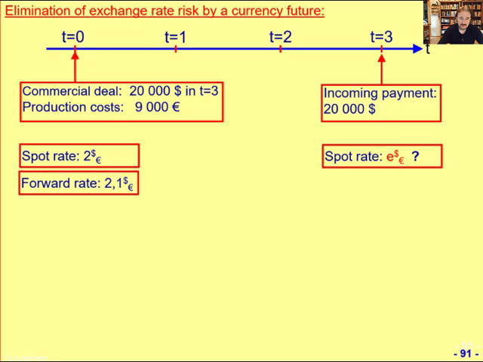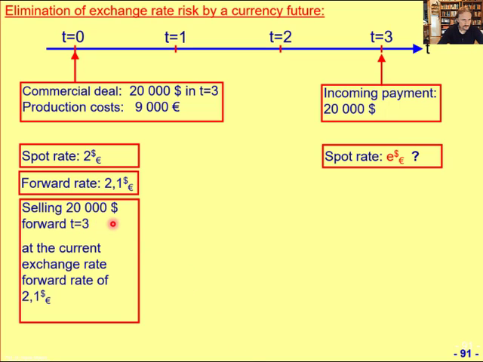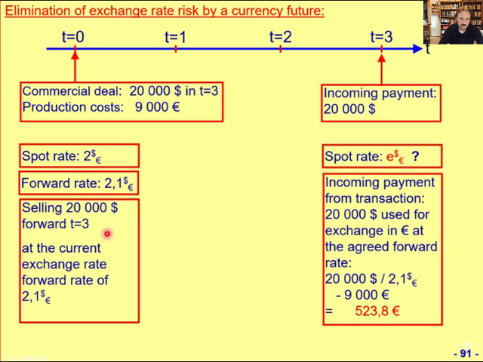So if we sell the $20,000 which are incoming 3 months ahead currently on the forward market at a forward exchange rate of $2.1 per euro, we can exchange 3 months from now the incoming $20,000 at a forward exchange rate of $2.1 per euro.